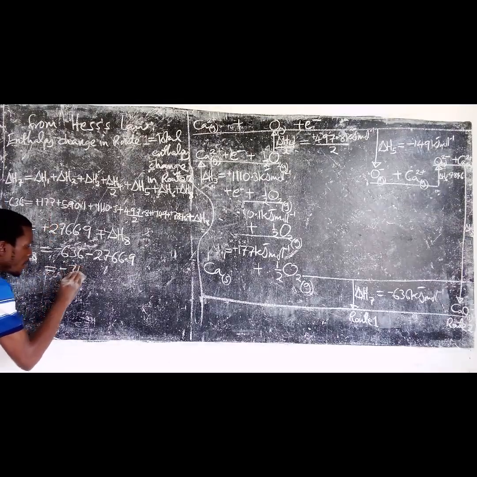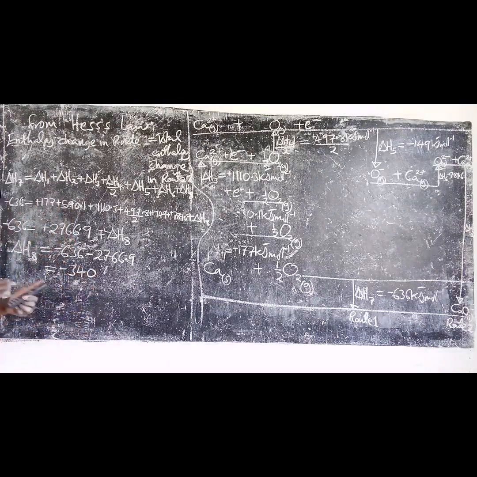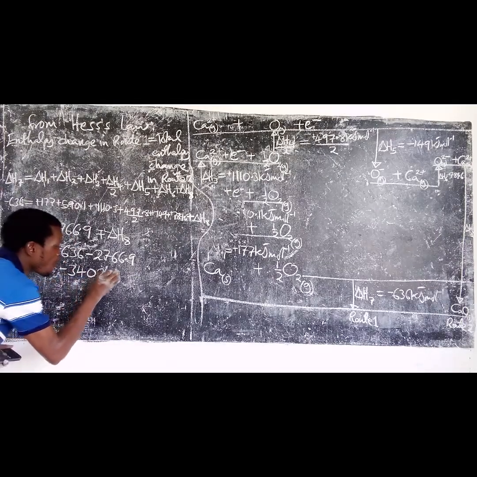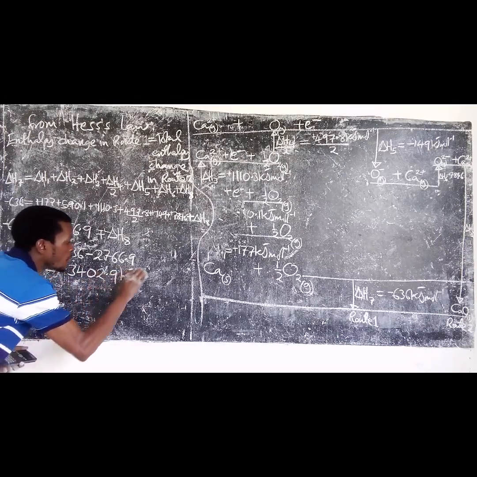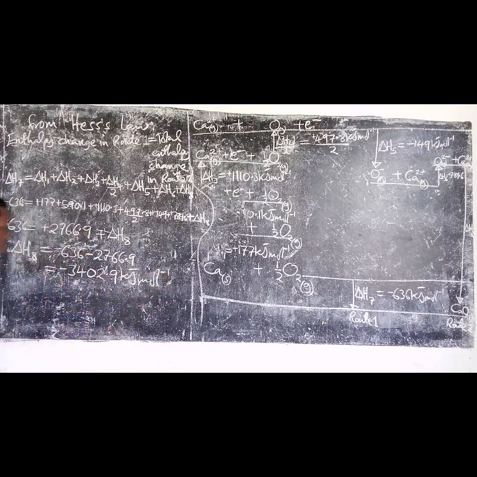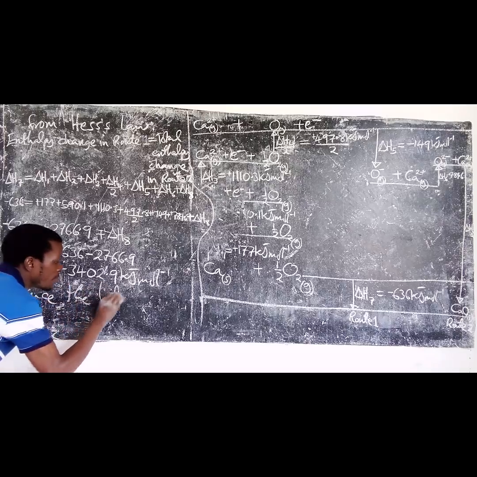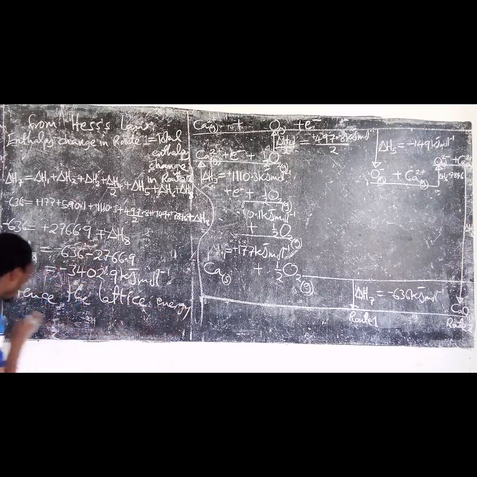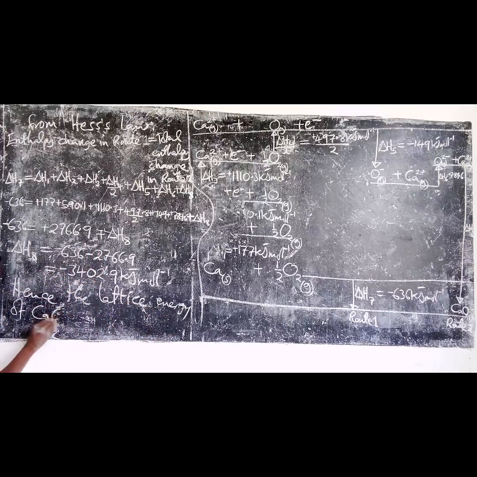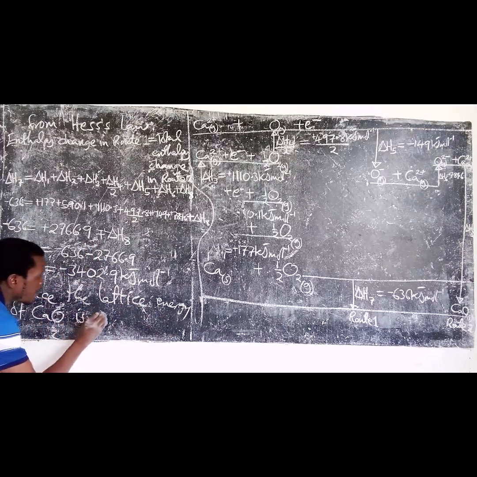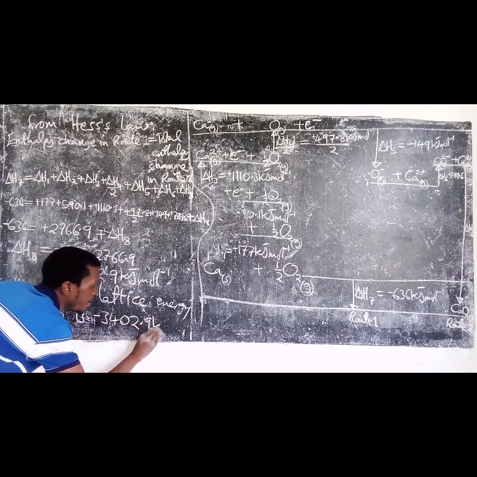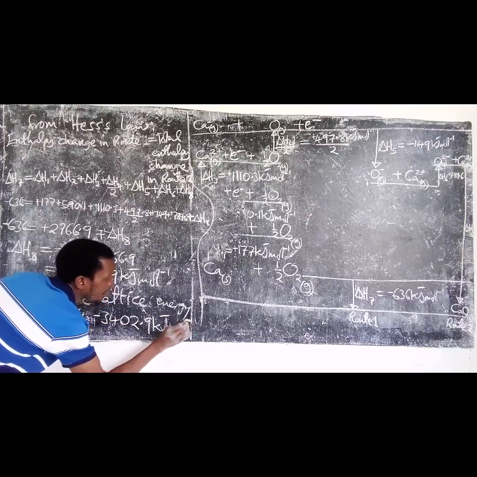This is equal to negative 3402.9 kilojoules per mole. Hence, the lattice energy of calcium oxide is negative 3402.9 kilojoules per mole.